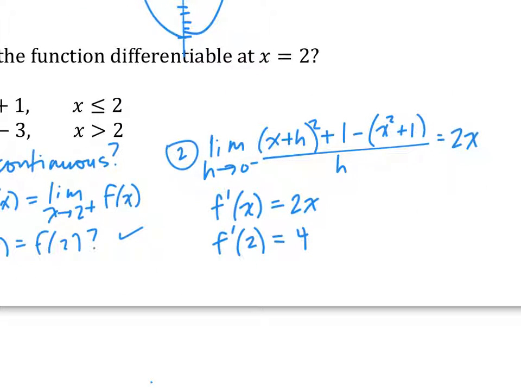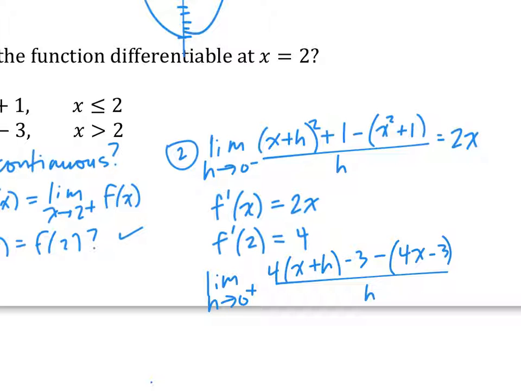Now we check the right-hand side. Limit as h goes to 0 plus. So what is this? 4x minus 3. That is 4 times x plus h, minus 3, minus the function. Then you check, and this one goes to just 4.